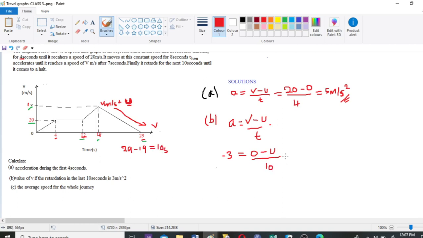So again, what do you do here? You cross multiply. Oh, before we cross multiply, let's do this. Just for the sake of everyone to be at the same pace, here we have 0 minus negative u.